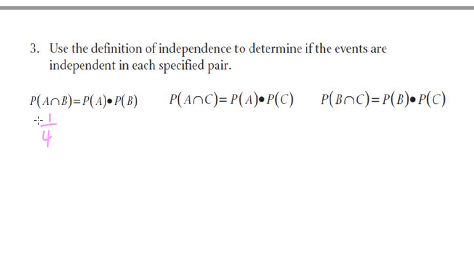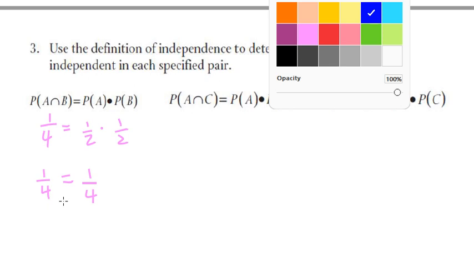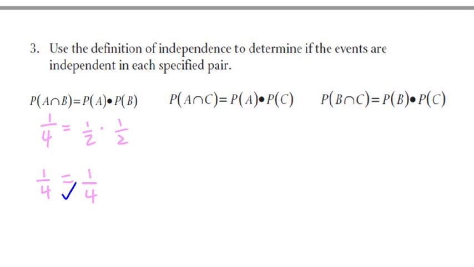So if these are independent events, then A and B is going to be equal to A times B. Well, the probability of A was 1/2, and the probability of B was also 1/2. So here it says that 1/4 would be equal to 1/2 times 1/2, which is 1/4. So right now that tells us that these events are independent.